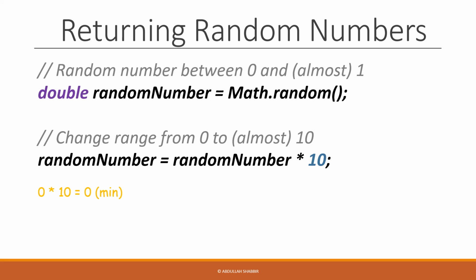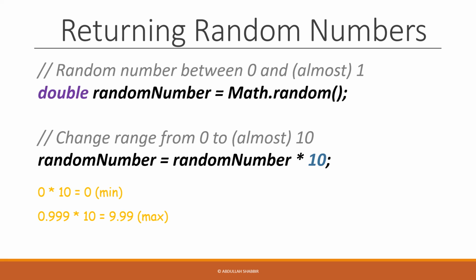And this will be our minimum value for this range. And if Math.random generates one of its highest values, which is around 0.999, we'll multiply this by 10 and we'll get 9.99, and that will be our new maximum. So we have just changed our range from 0 to almost 1, to 0 to almost 10, just by multiplying.